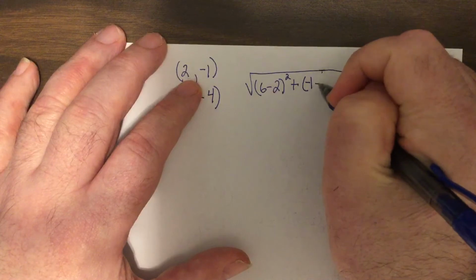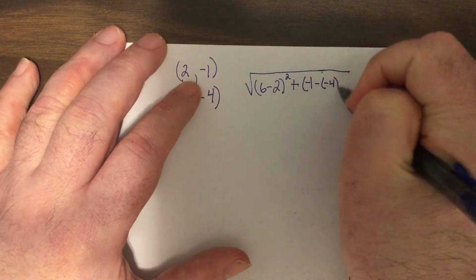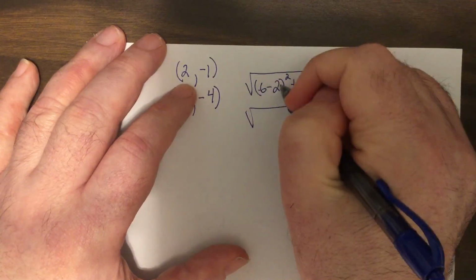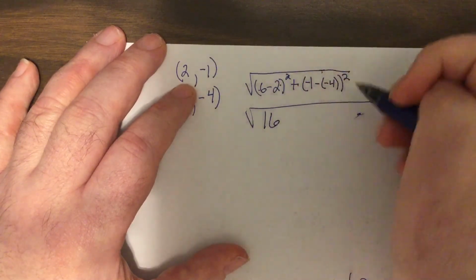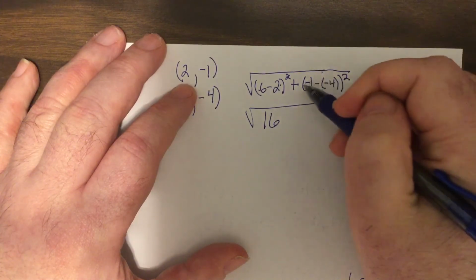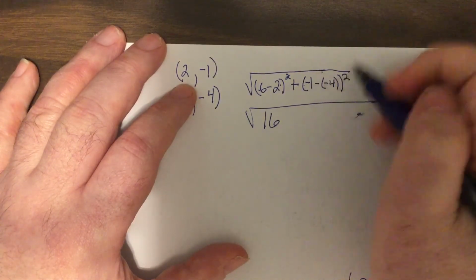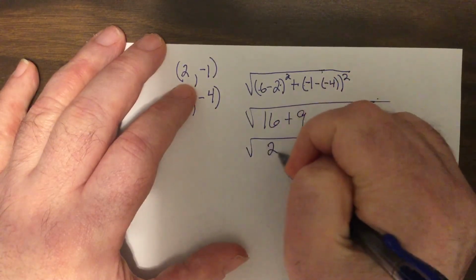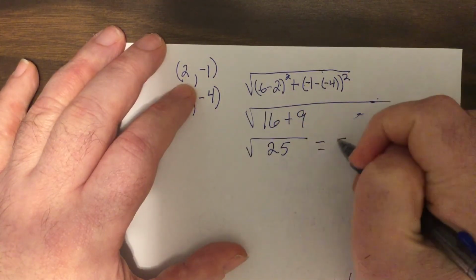So -1 minus the -4. So 6 minus 2 is 4, squared is 16. -1 minus the -4 would be -1 plus 4 is 3, squared is 9. And the square root of 25 is 5.